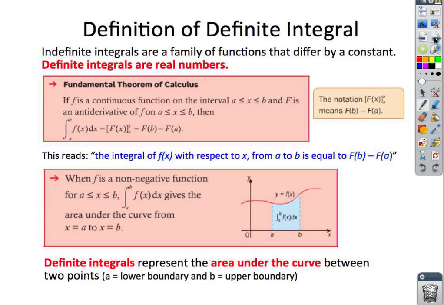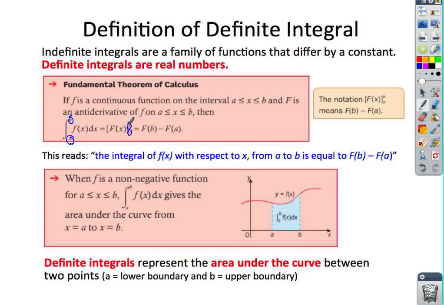So the fundamental theorem of calculus, lots of words, but what it's saying is: on a continuous function, so that means a function with no breaks, between 2 points, a and b, and if capital F is the integral of a function small f, then the definite integral can be found by substituting the lower boundary a and the upper boundary b into the function capital F of x to get F of b minus F of a.